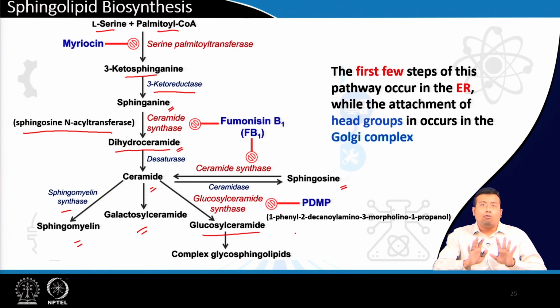Now, what is most important in this whole slide? Most important are the inhibitors, because they are the ones that are targeted in case of multiple disease therapy.